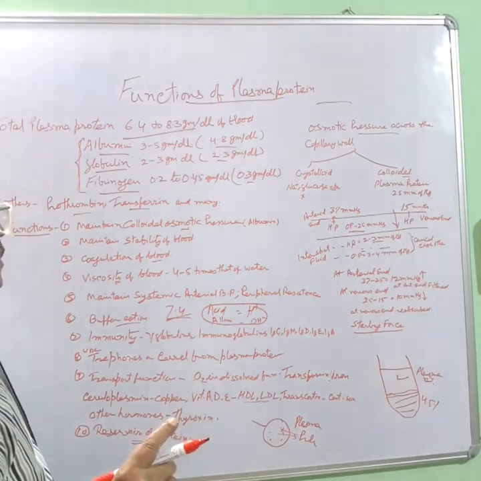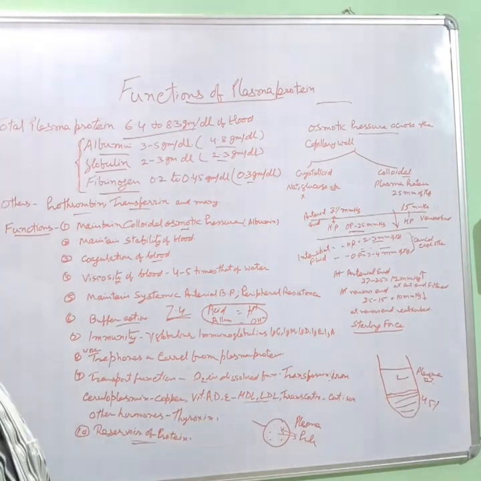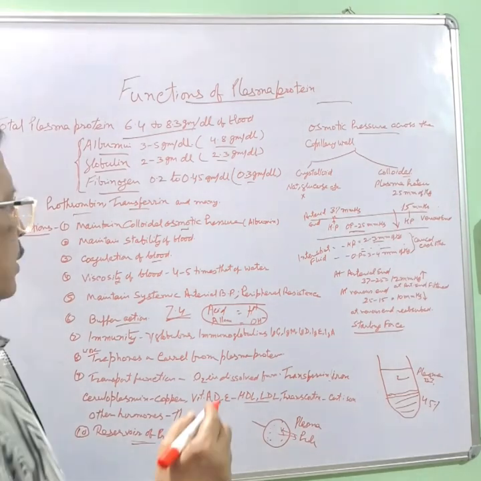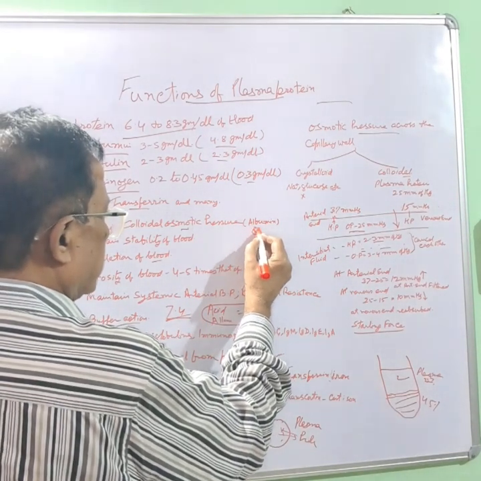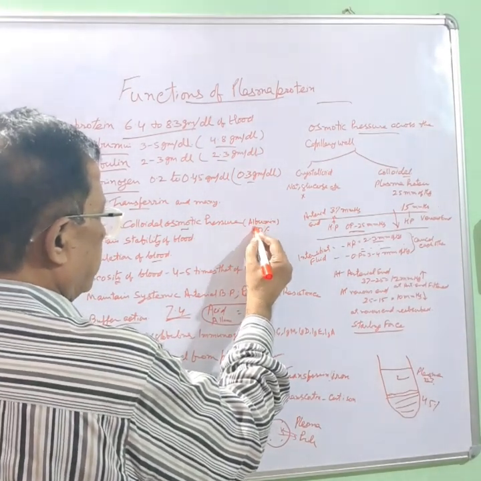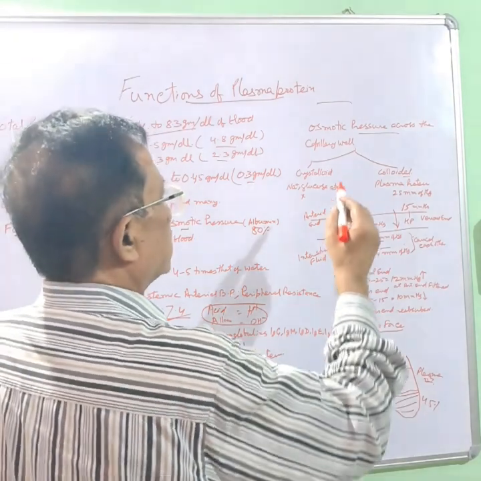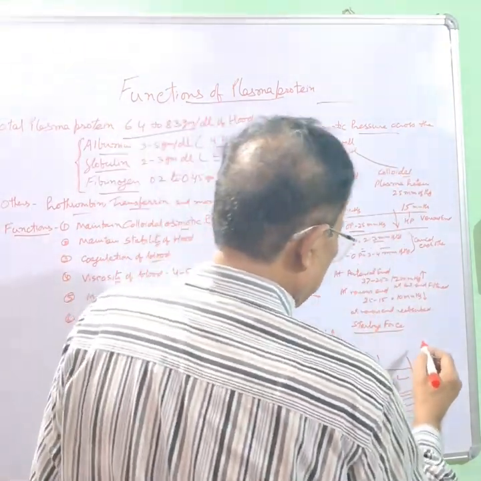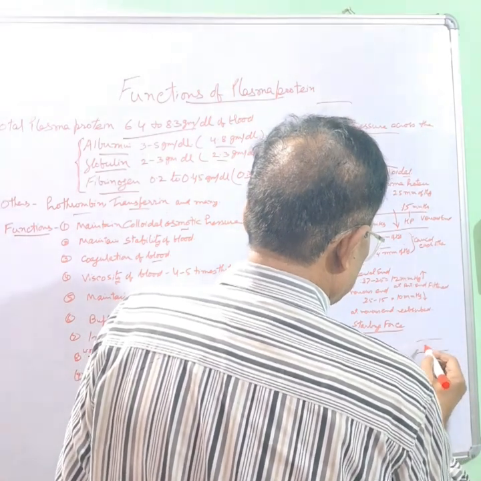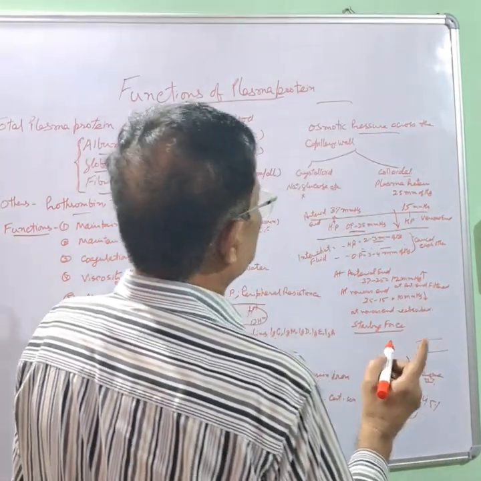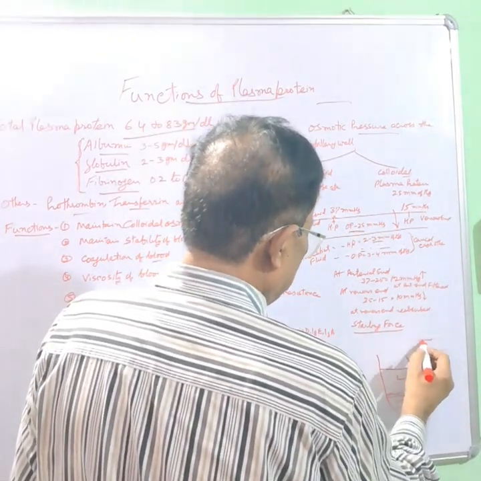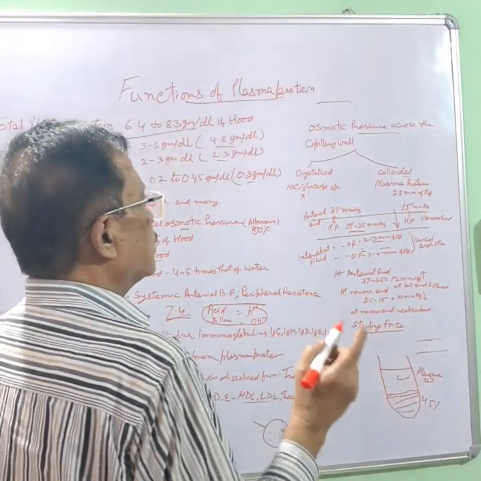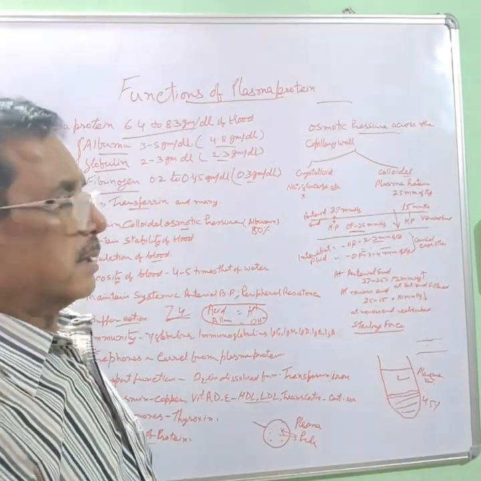Plasma protein maintains colloidal osmotic pressure, mainly due to albumin, which contributes 80%. Consider osmotic pressure across the capillary wall. It is of two types, crystalloid and colloidal.